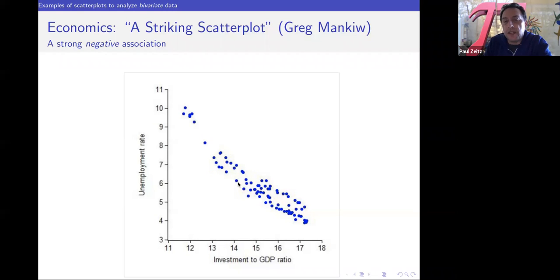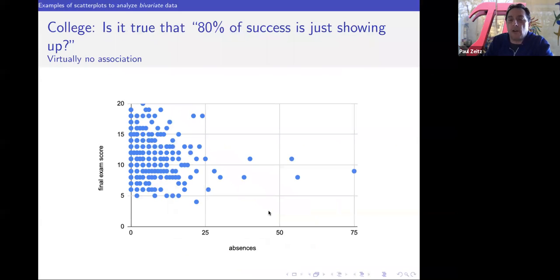And for each of these, it seems like when you're having more investment as a ratio of gross domestic product, there seems to be less unemployment. So you seem to have a strong negative association. This is controversial because if you included previous years, you'd see dots over here, and it sort of makes an X. But still, the scatter plot as shown for the 20 years from 1990 to 2010 seems to show a strong negative association. So these are sort of visually very powerful.